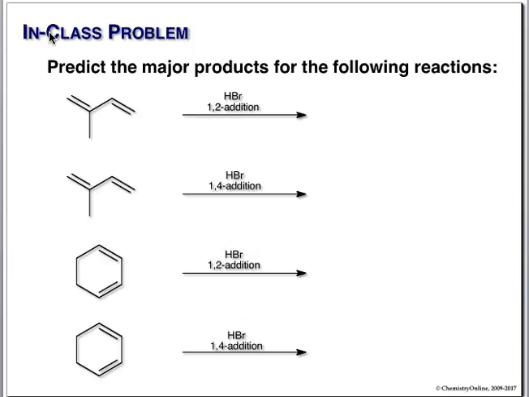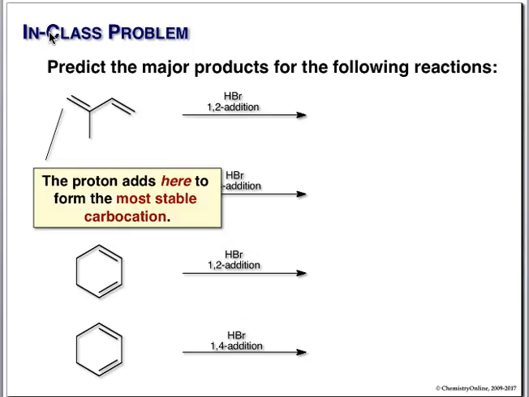We're going to add the proton so that we get the most stable carbocation in the molecule. The most stable carbocation is going to be here because that's a tertiary center. So we're going to add our proton here to get our carbocation at this point. That is the most stable carbocation.